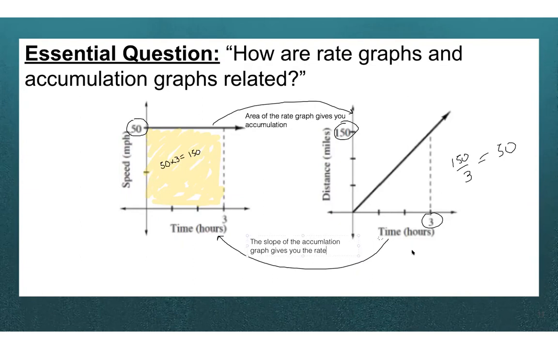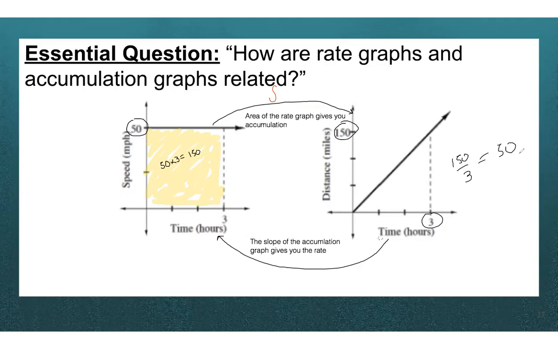And now let's talk about how it's connected to the fundamental theorem. Basically, the area under the rate graph, that is taking the integral. If I take the integral, I get my area. That's what the symbol means, the elongated S. If I take the integral of a rate graph, I get my accumulation. It's crazy.